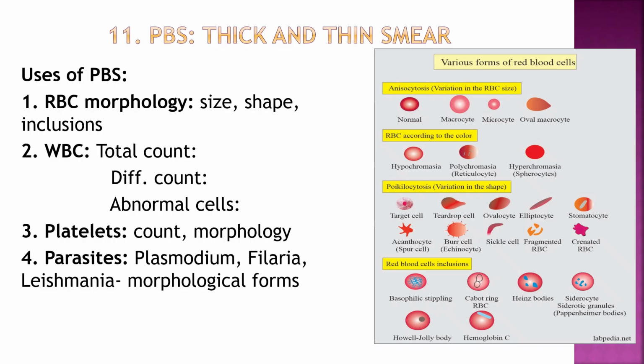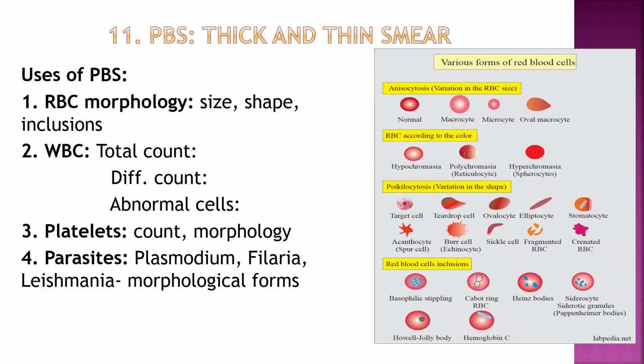First is RBC morphology. So we can see size, shape and inclusions present in the RBCs. So here are a few examples. Size variation can be bigger RBCs, macrocytes, smaller RBCs, microcytes, oval macrocytes. According to the color of the RBCs, it is hypochromasia if it is pale in color. If it is purple in color, then it is polychromasia, or hyperchromasia if they are spherocytes.